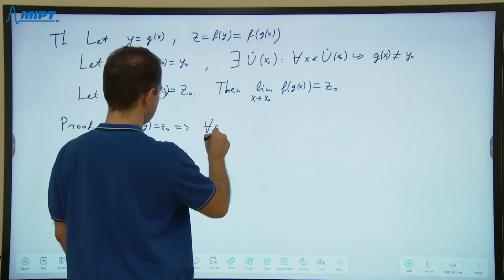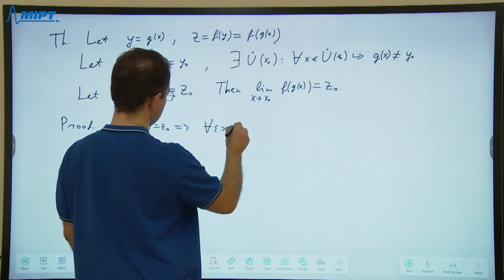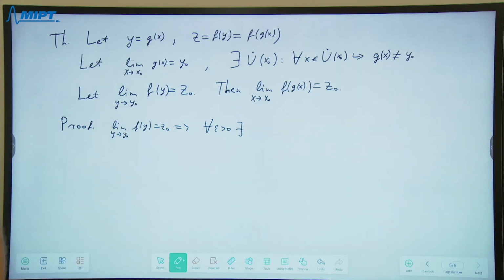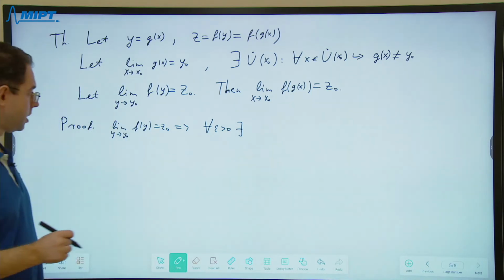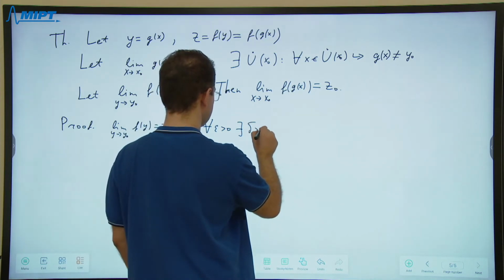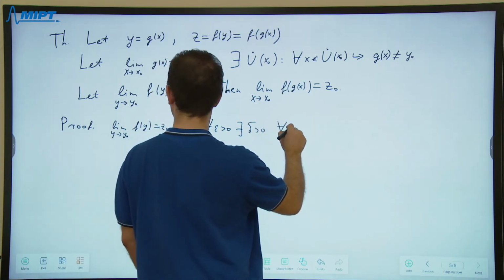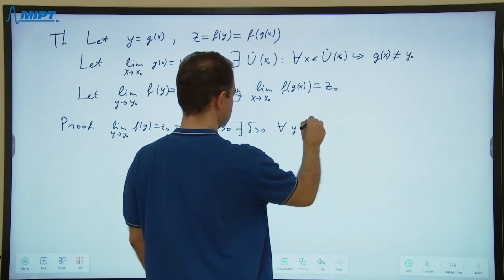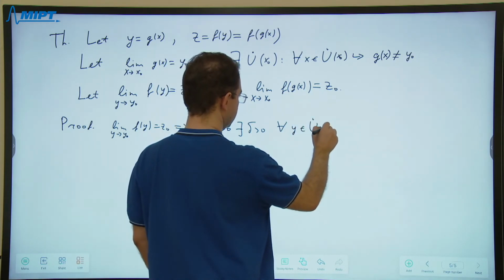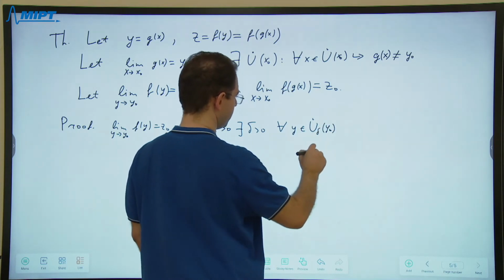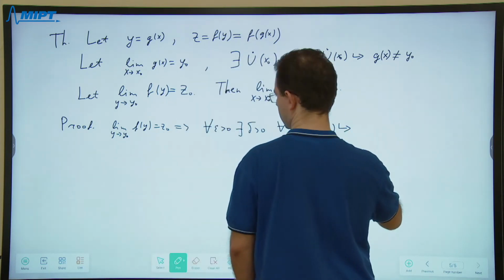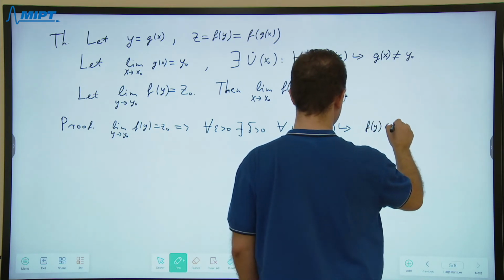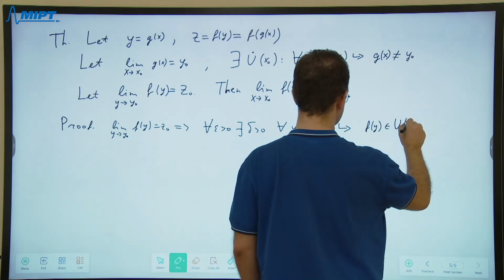for any epsilon greater than 0, there exists delta greater than 0 such that for any y from the deleted delta neighborhood of y0, it follows that f of y is from the epsilon neighborhood of z0.